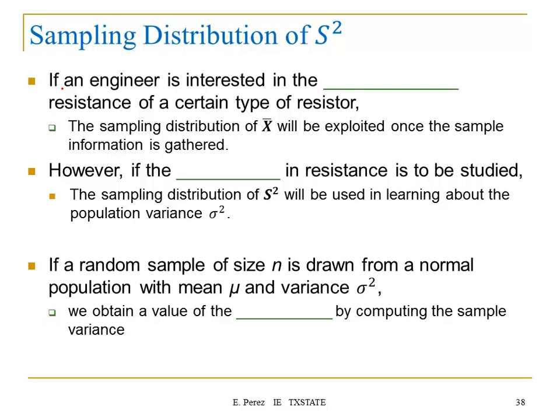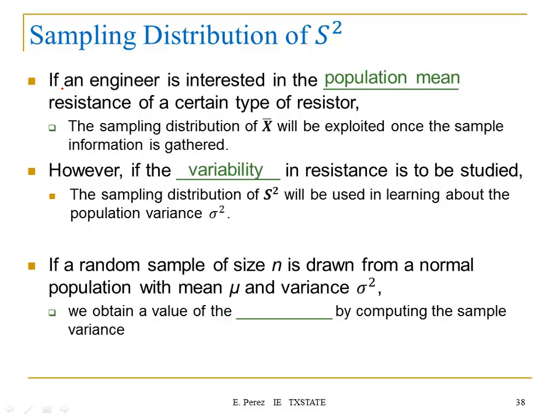So if an engineer is interested in the population mean resistance of a certain type of resistor, then the sampling distribution of x bar will be exploited once the sample information is gathered. However, if the variability in resistance is to be studied, then the sampling distribution of the sample variance will be used in learning about the population variance.